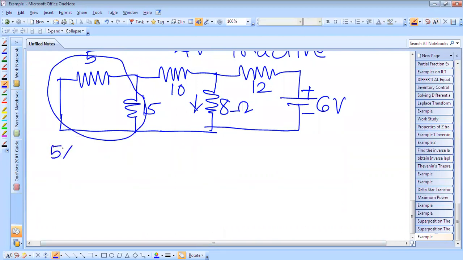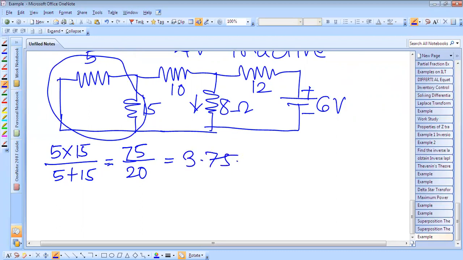So 5 into 15 divided by 5 plus 15, 75 by 20, 3.75 ohm.